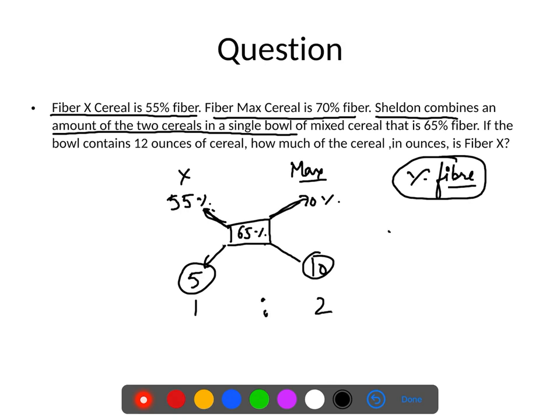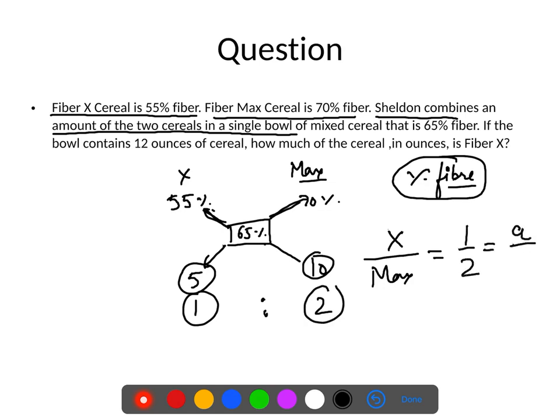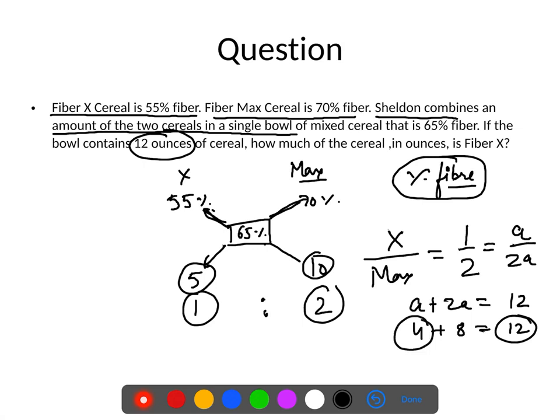So the quantity of Fiber X upon the quantity of Fiber Max is in the ratio of 1 is to 2, or simply A upon 2A. So A plus 2A, the combined weight is given as 12 ounces. So it has to be 4 plus 8, that is equal to 12. 4 is your answer. That's what we need to figure out.